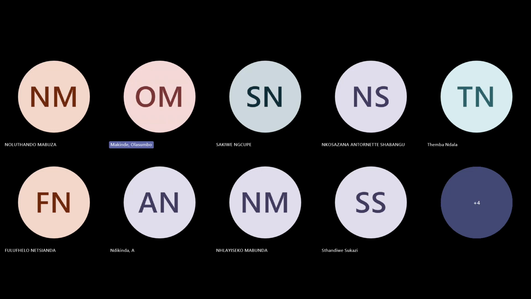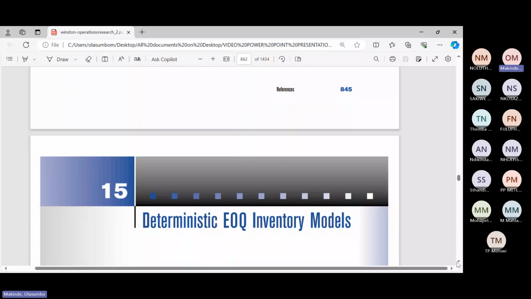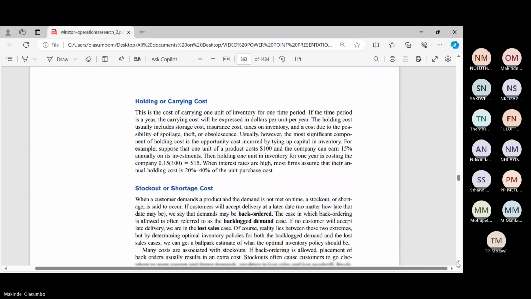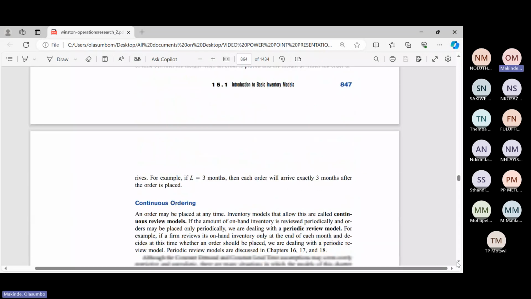I'll be with you. So I'm sharing it now. So we are dealing with this chapter, chapter 15. So that's what we have summarized into the PowerPoint, and we have talked about so far.